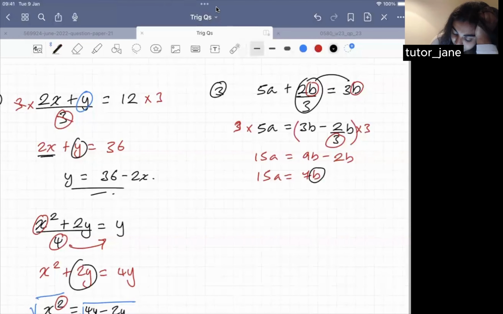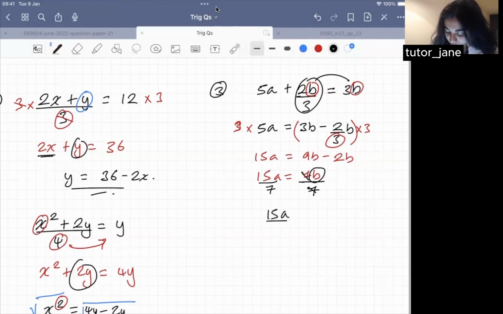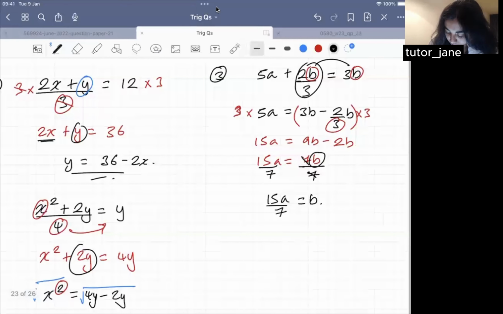So we're going to get rid of the 7 by doing the opposite of what it's currently doing. So it's multiplied by 7, so we're going to divide by 7 on both sides. So these are going to cancel out, and we're going to get 15a over 7 equals b. As I said before, in algebra, convention is to write this the other way around. So b equals 15a over 7.